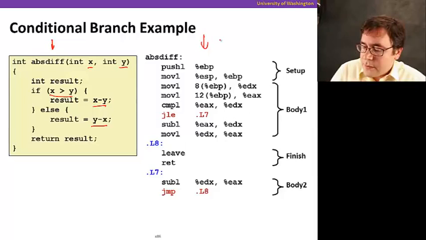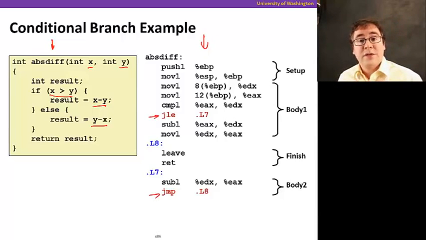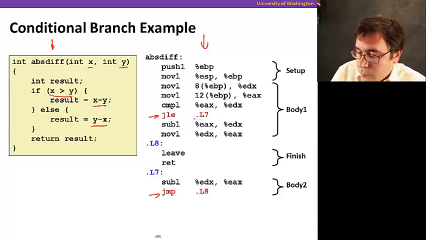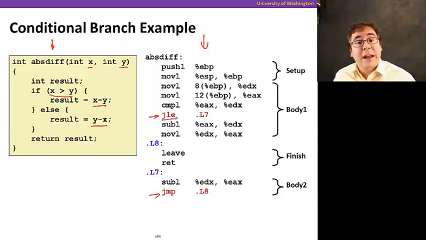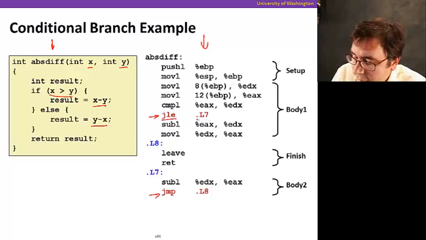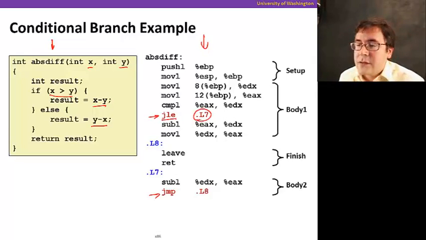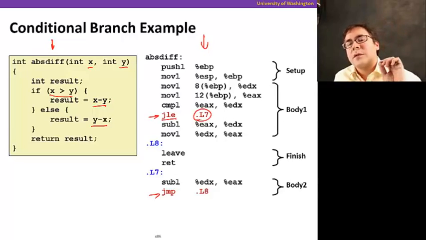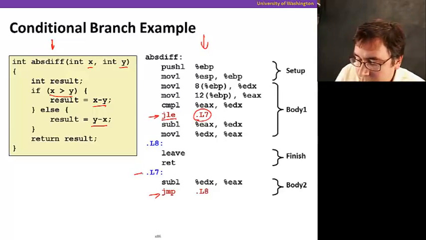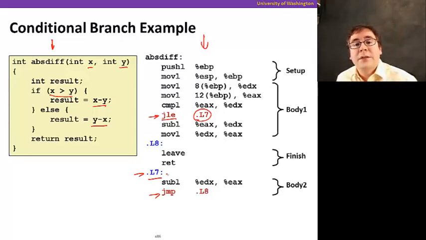And the first thing to note here is that we are using two branch instructions, two jump instructions. This first one here, JLE, just jump if less than or equal. And note that there's a new thing here. This is a .L7. That's what's called a label. A label simply specifies a location in your code where the jump is going to jump to if the condition evaluates to true.